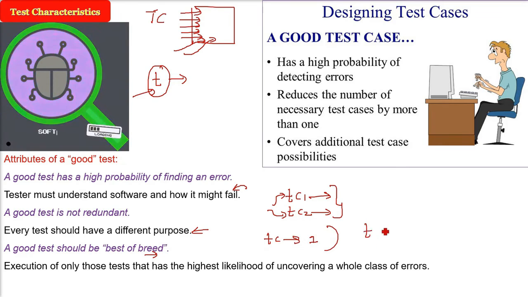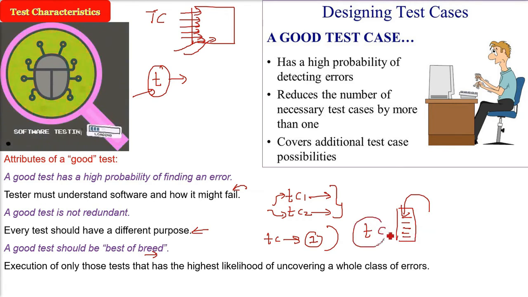But if a test case can find a whole class of errors, wherever this error is, that class comes to you. Oh, this kind of error is everywhere. So a good test case is best of breed. You are not just trying to find one or two errors, but the whole class, the whole breed of errors. That is called a good test case.